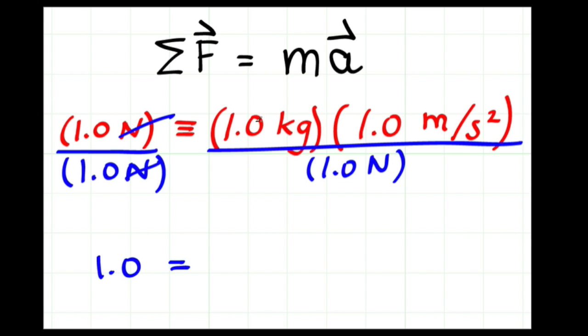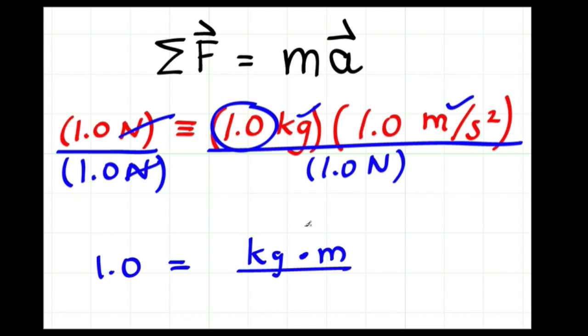On the right-hand side, we have all these 1s. We don't need to write those down. So we simply write down kilograms from right here, meters from right here. Second squared we'll write down here. We'll leave out the 1 and then we'll write Newton down here.